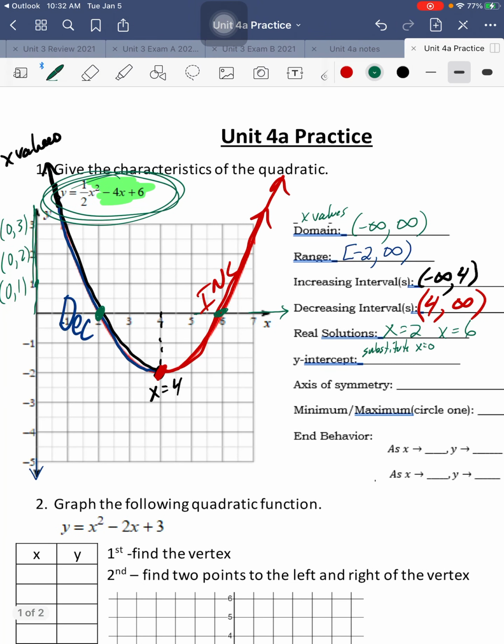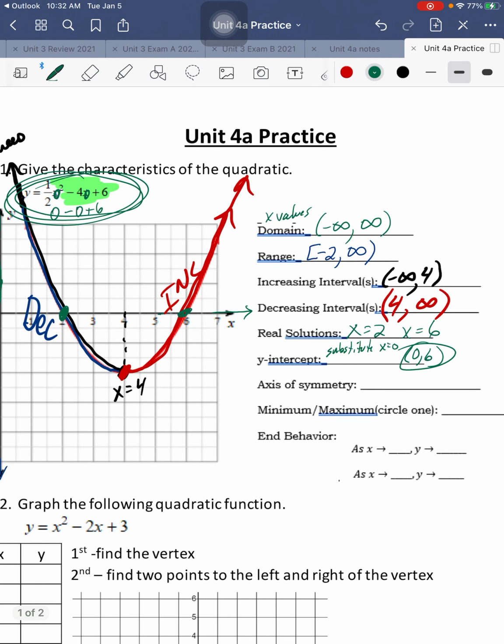So if you put 0 in for each x, you'll end up with 0 squared is 0 times 1/2 is 0. Minus 4 times 0 is 0 plus 6. Well, that's 6. So the y-intercept is 6. So 0, 6.